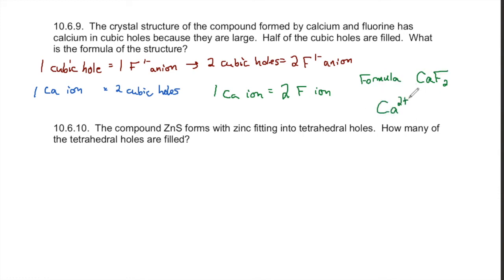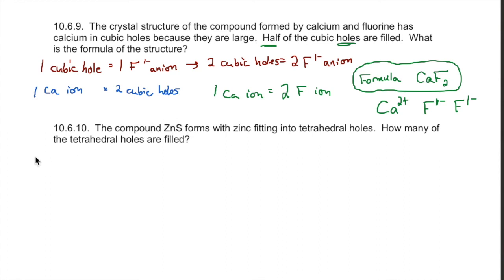And this makes sense knowing what we learned before, that fluorine is a -1, the fluoride ion. So we would need 2 of the fluoride ions to balance the 1 calcium. So yes, this makes sense as the formula. And it also means that half the cubic holes are filled.